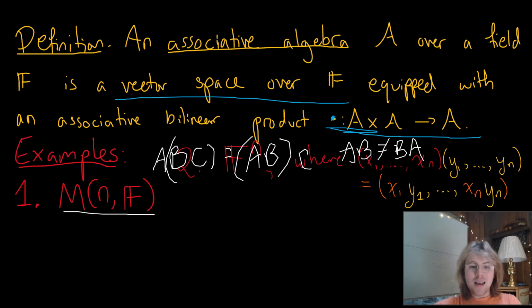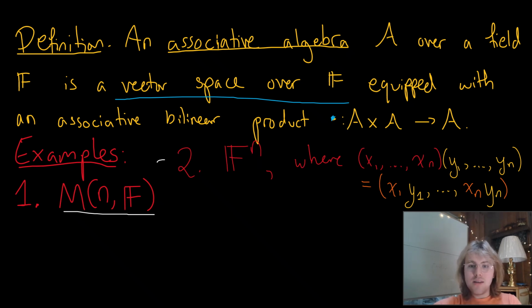A second example is vectors with n components in your field F, denoted F^n, where you multiply two vectors component-wise, which is really weird to do because it's like, is it supposed to be the dot product?